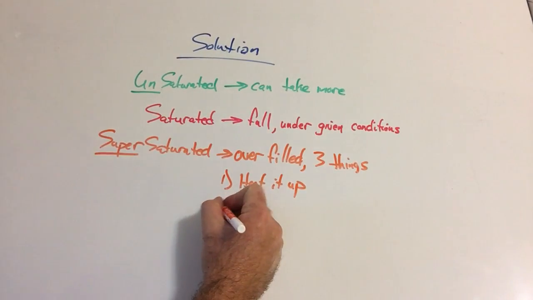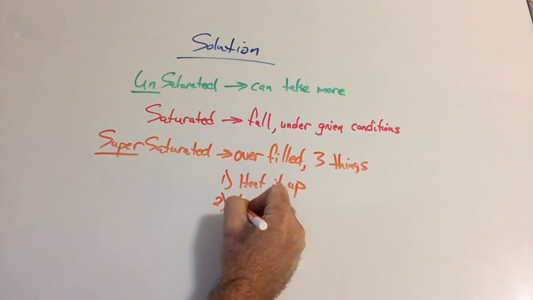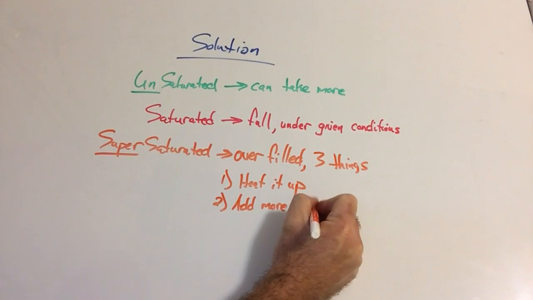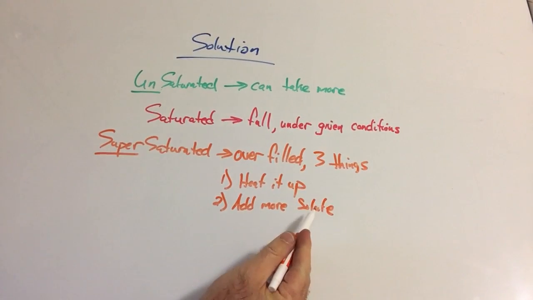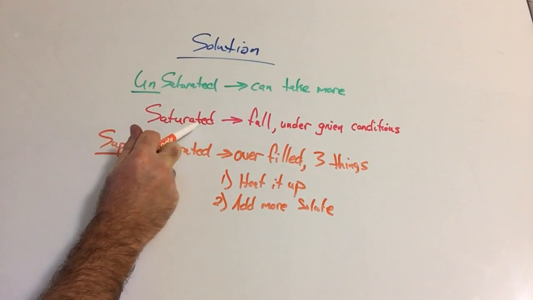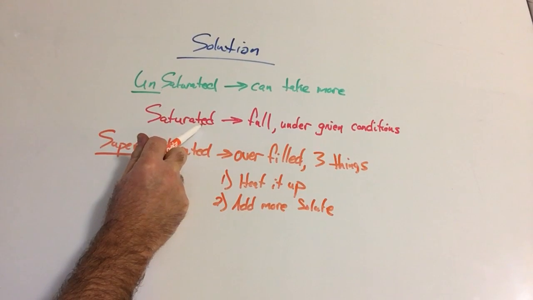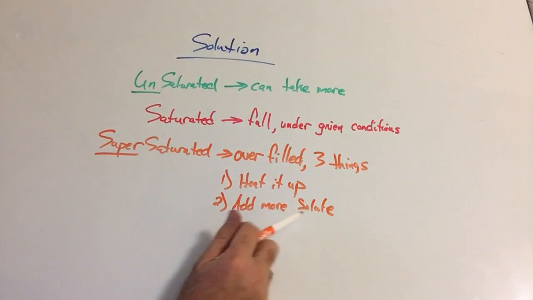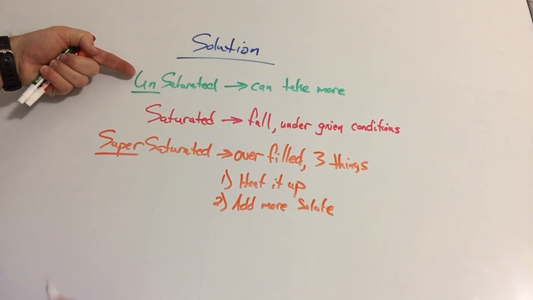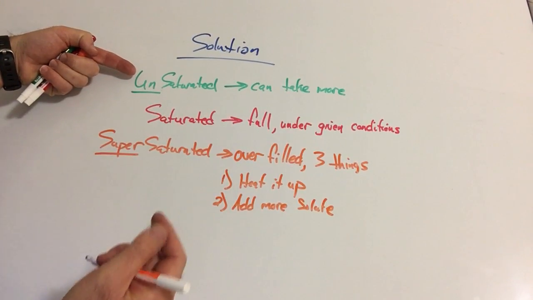Then you have to add more solute. So it'd be like add more salt, right? So I assume when you're supersaturating something that you've already saturated it, you've already filled it, and now you want to add more. So when I say add more, it doesn't mean go from very unsaturated as in just a little and then just add a sprinkle more.